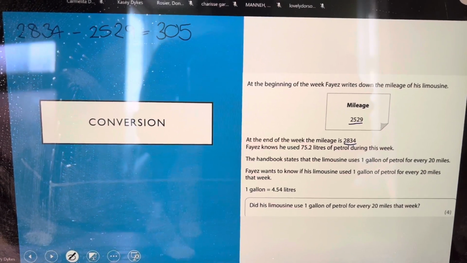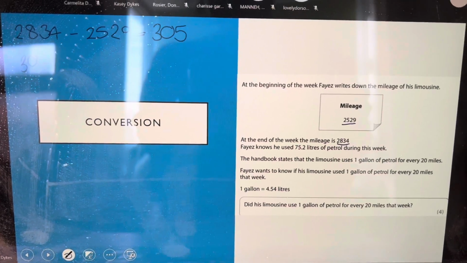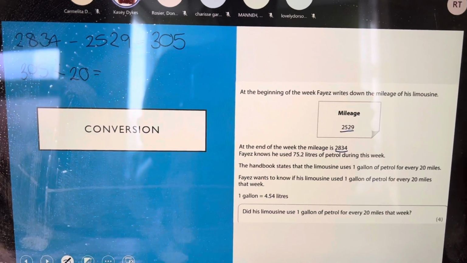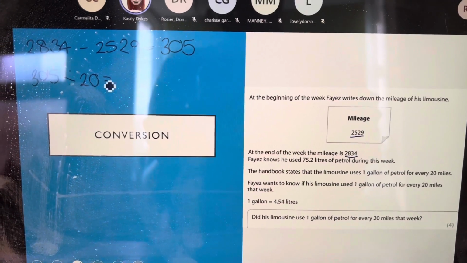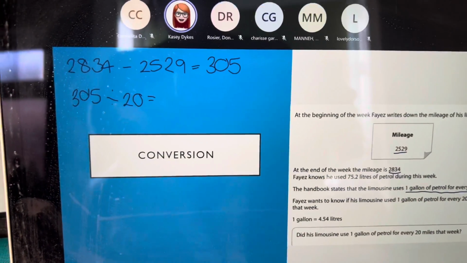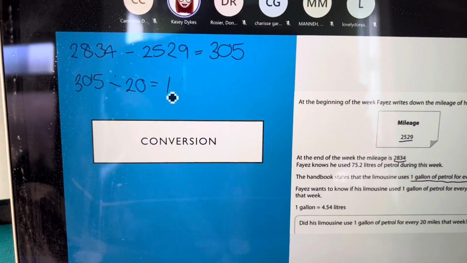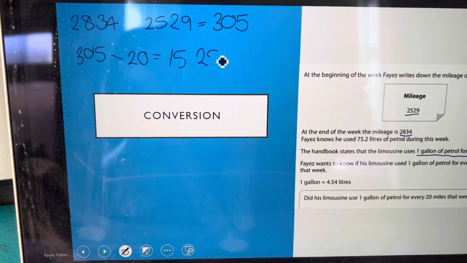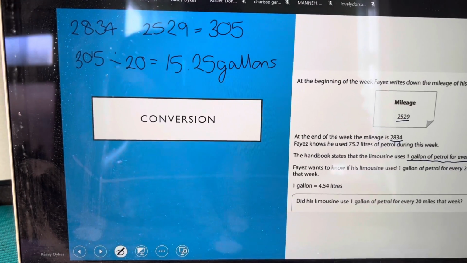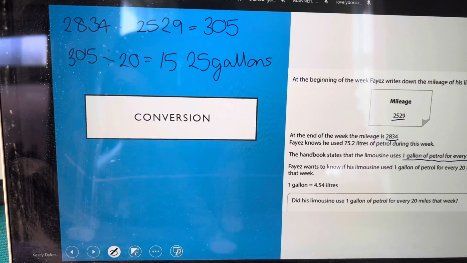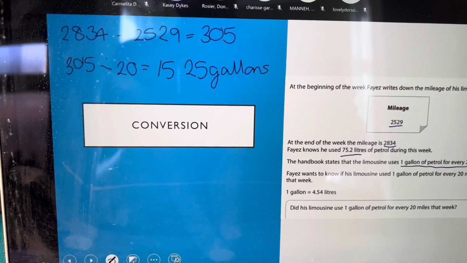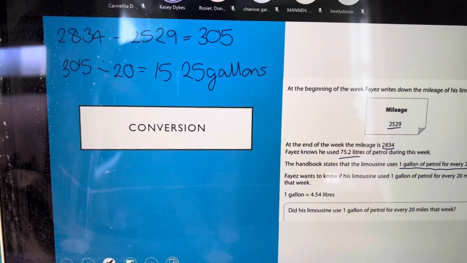So, one method, I'm going to take my 305 miles and I'm going to divide it by 20 to find out how many gallons he used, because it says 1 gallon for every 20 miles. So, 305 divided by 20 gives me 15.25 gallons. I know that he actually used 75.2 litres of petrol, so I can convert that into litres to find out if it matches the value.